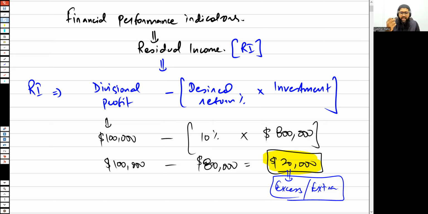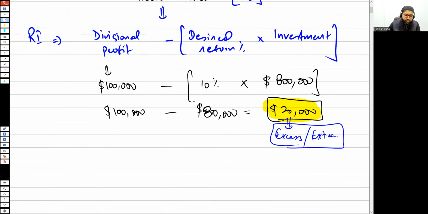Residual income is a method used in divisionalization, and its major objective is to help you evaluate how much extra a business, a division, a branch has actually earned.